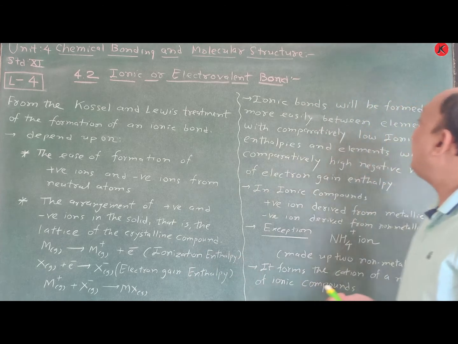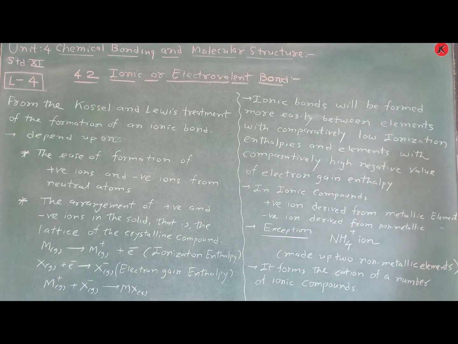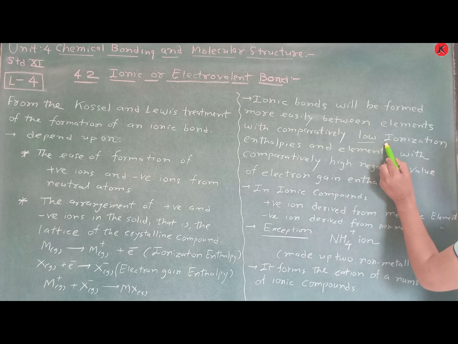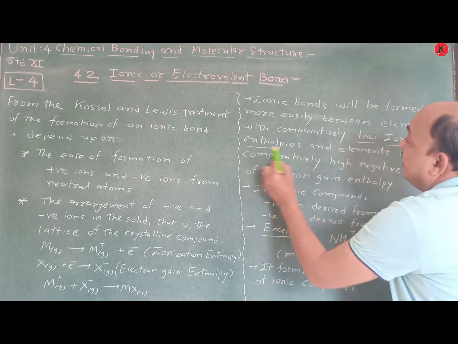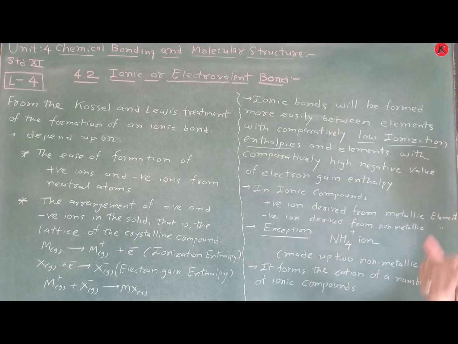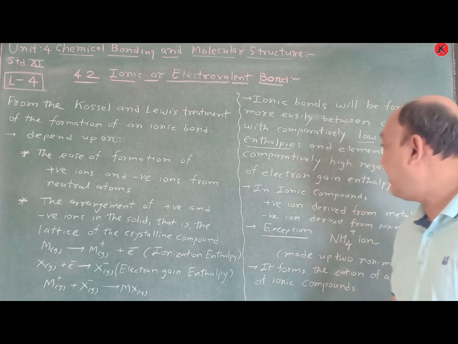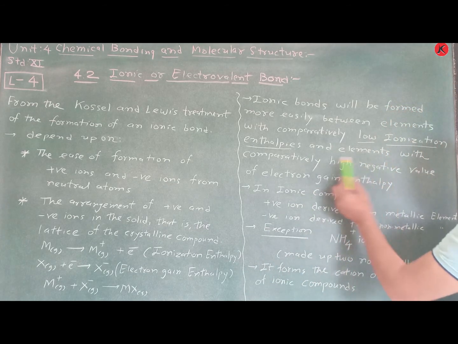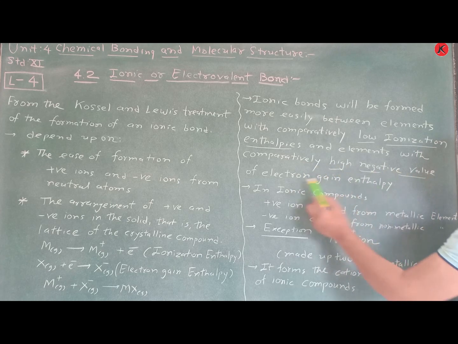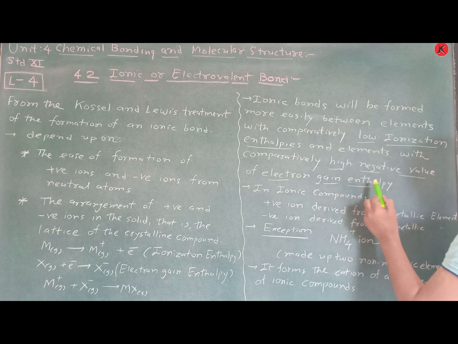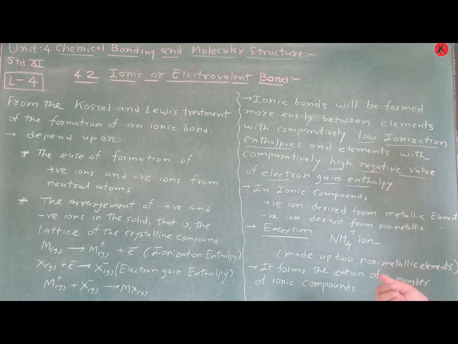Here ionic bonds will be formed more easily between elements with comparatively, remember this condition, low ionization enthalpy. Those elements which have low ionization enthalpy are converted into positive ions very easily, and elements with comparatively high negative value of electron gain enthalpy, that means what?